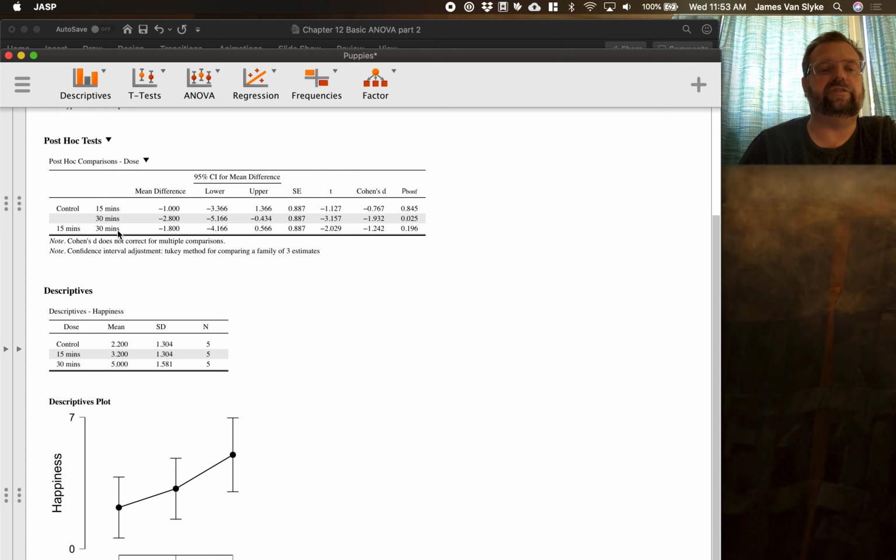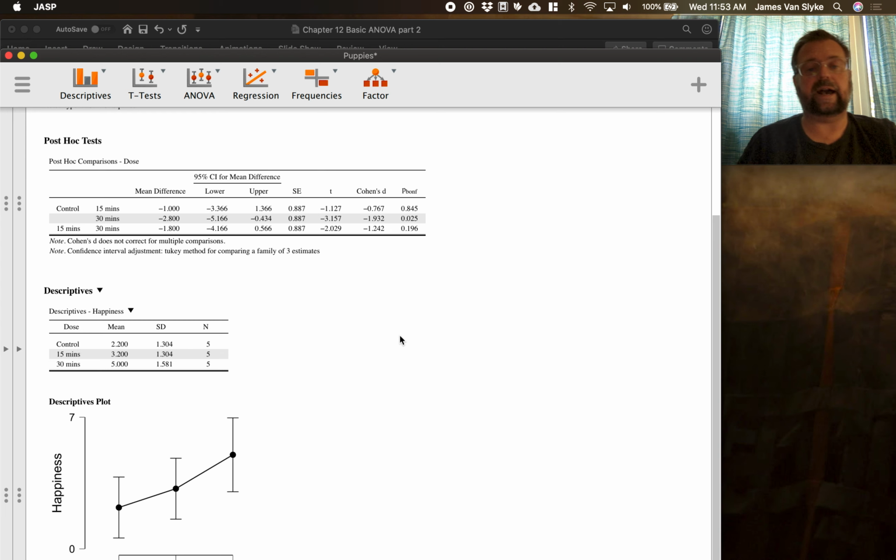Also, when you look at 15 to 30 minutes, we've already known from before, our planned contrast also revealed that that wasn't the same. And we see that once again, that p-value is still above 0.05. The only difference that we have based on post hoc tests is between the control group and 30 minutes.